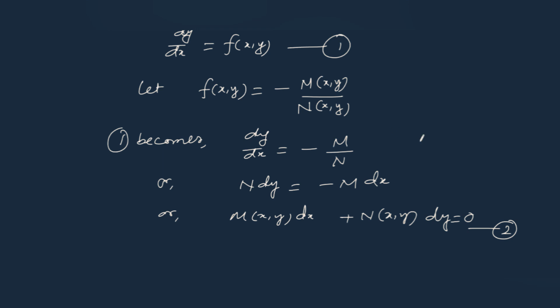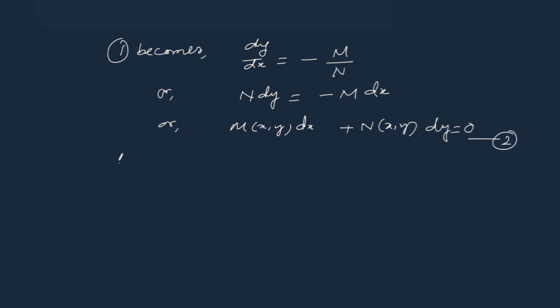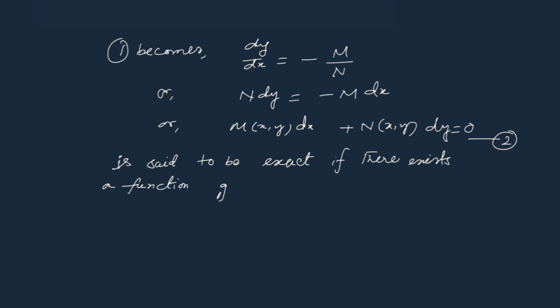This is another form of the first order ordinary differential equation, and this equation is said to be exact if there exists a function g of x, y such that M dx plus N dy can be written as dz.